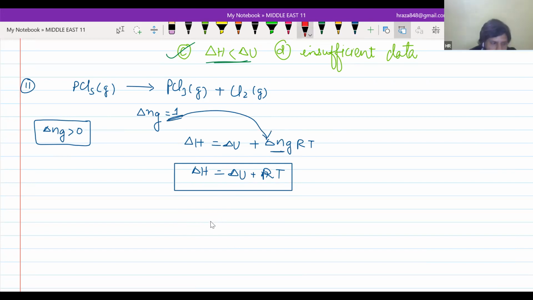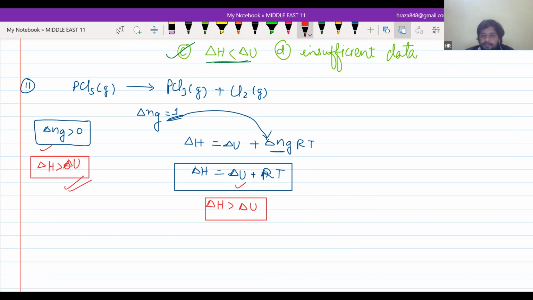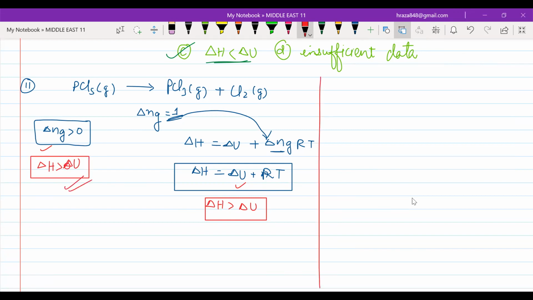Delta H is greater than delta U, because delta H has the value when we add something to delta U. So for this case, delta Ng greater than 0, delta H is greater than delta U. Is that clear, Krishna?